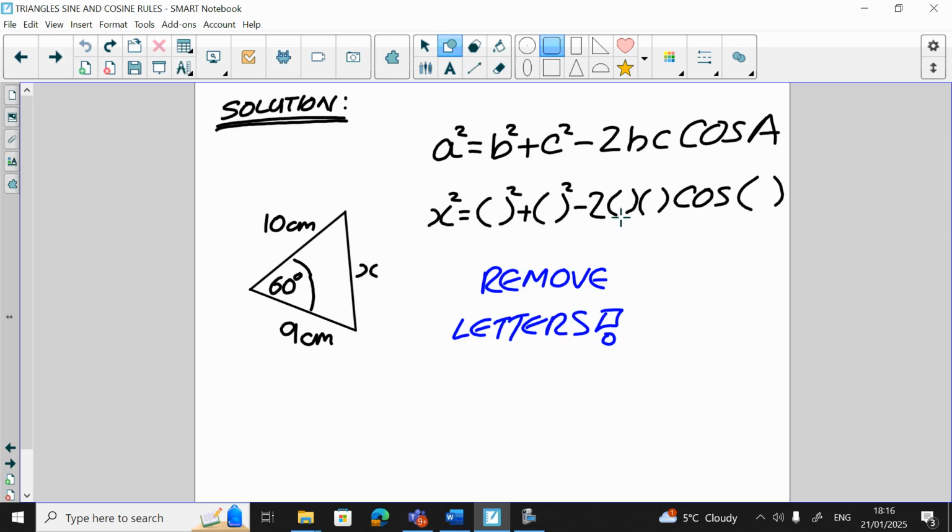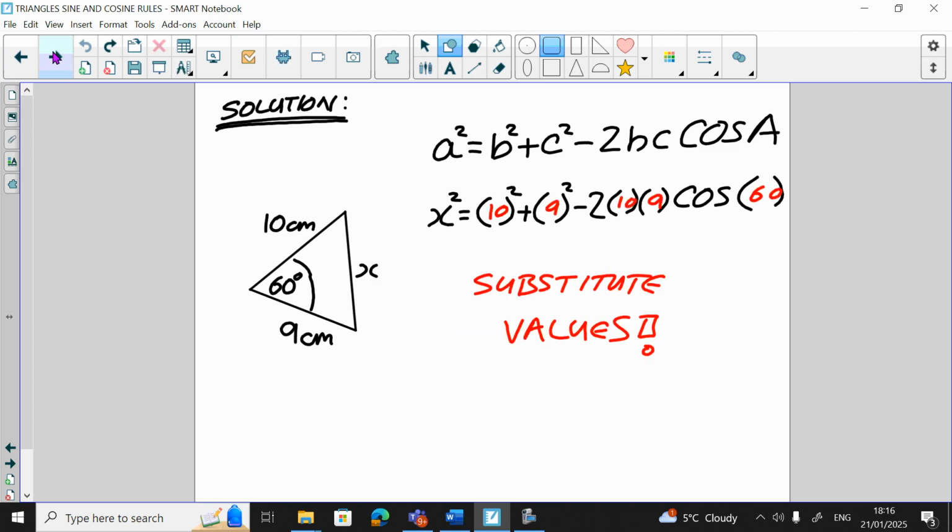Here, I like to use little brackets, so I've just got rid of all the wee letters, the big letter. I'm going to put in my numbers here, my values. So I'll put them in and see, with your big grown-up adult calculators, you should be able to type that in. If you want to use the brackets, that's fine.